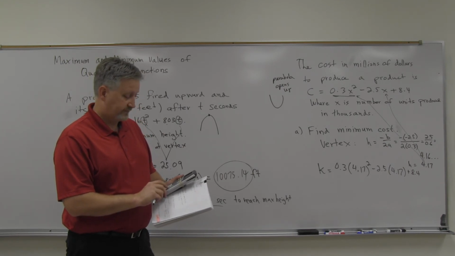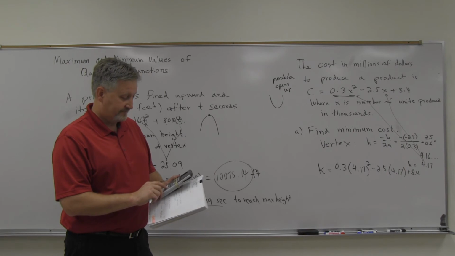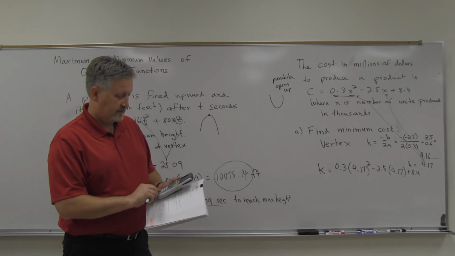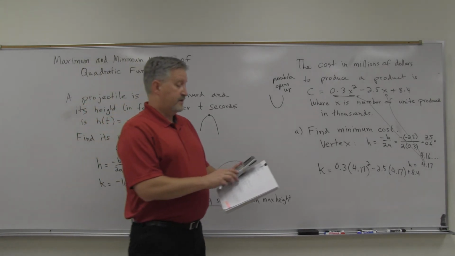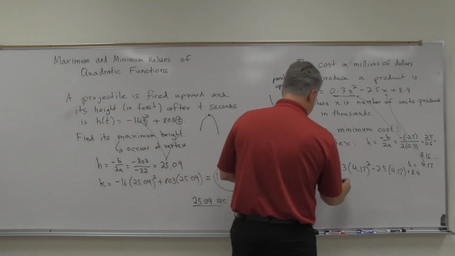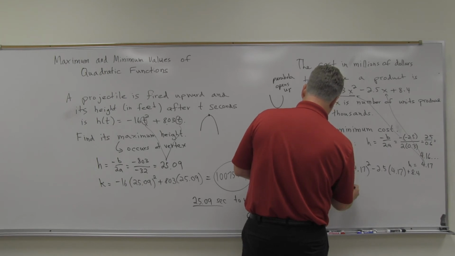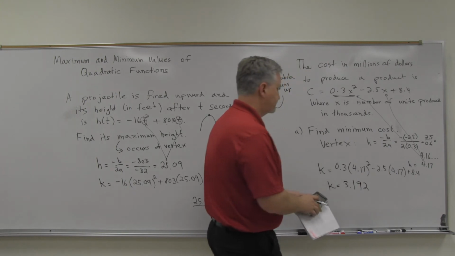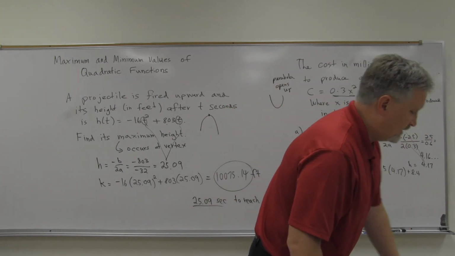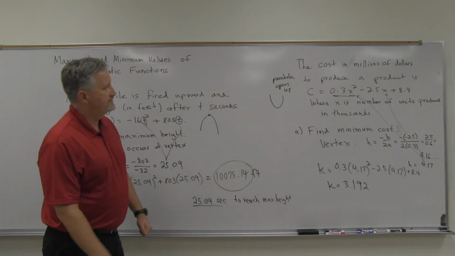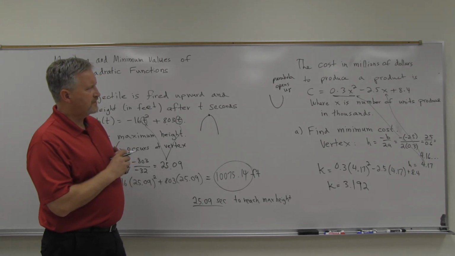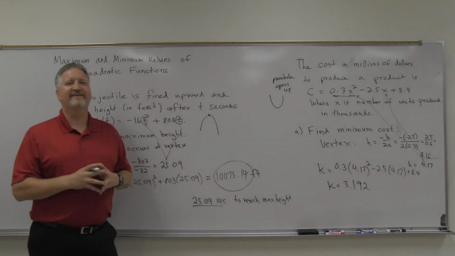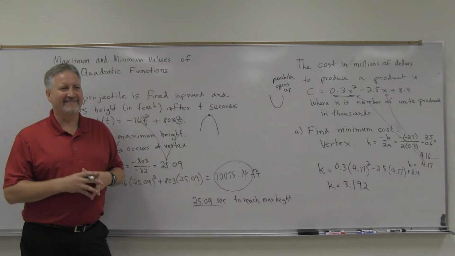I get 3.19167. Is that what you get? Yep, 3.19. Let's go to 3 decimal places here. I didn't say what accuracy to round to, but it's about 3.192.